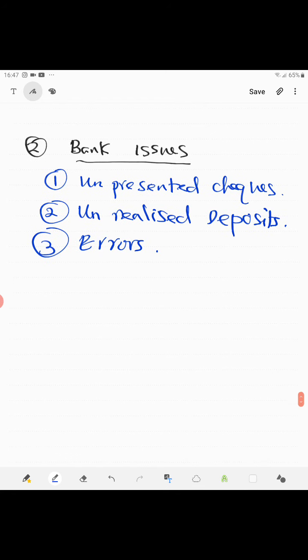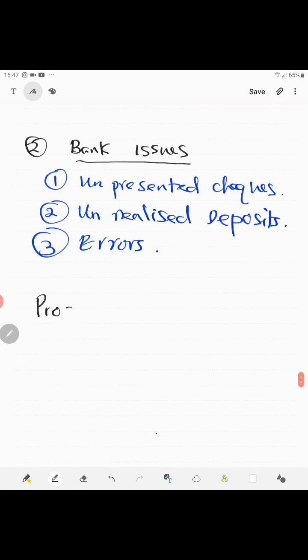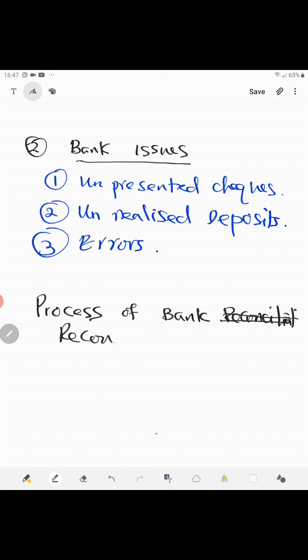Now we need to understand the process. Process of bank reconciliation statement.